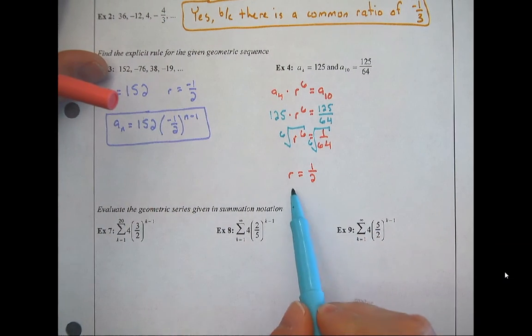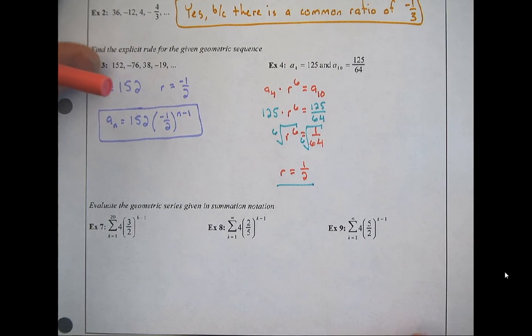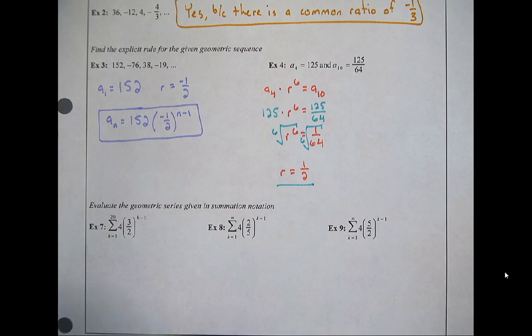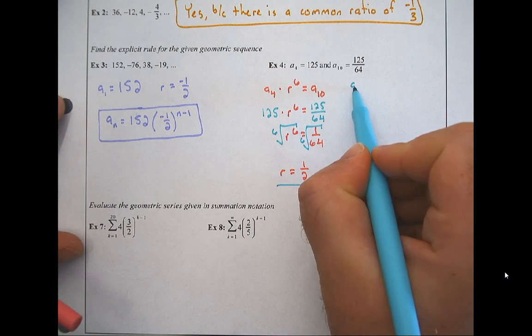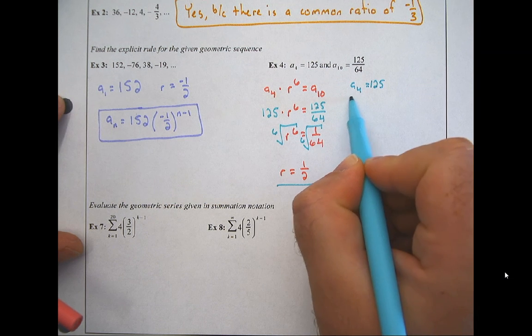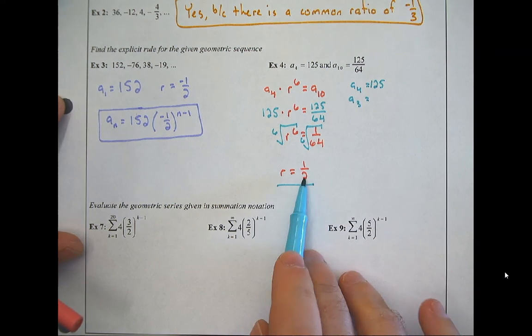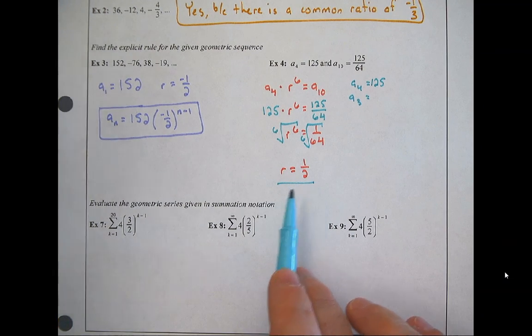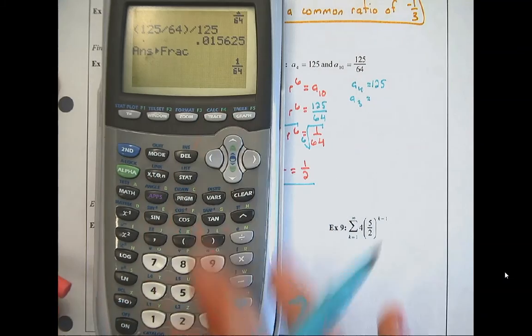I'm going to underline that. That's half the story, because in my rule, I need the ratio, but I also need the first term. So now I have to work backwards from a sub 4 to a sub 3. Now, this is how I move forward. I times by 1/2 to move forward, so I would divide by 1/2 to move backwards.